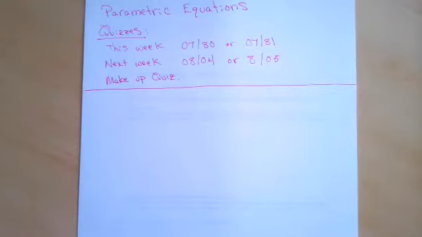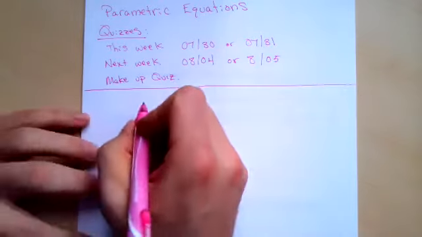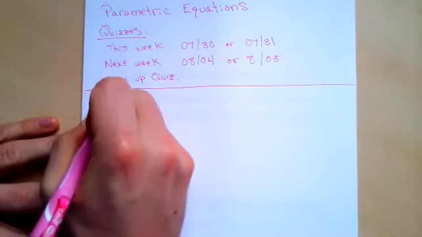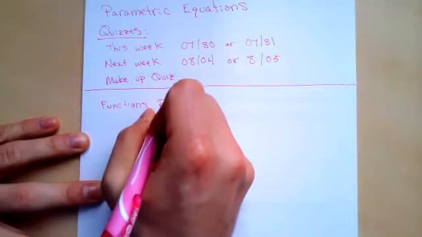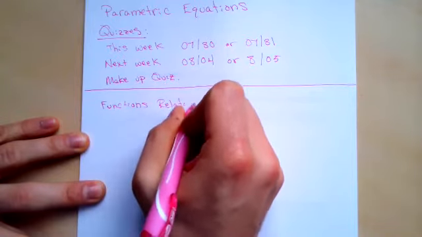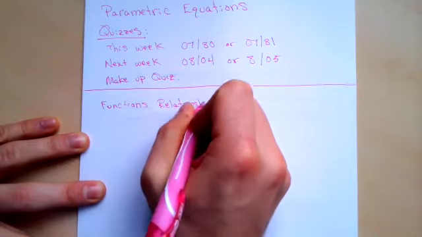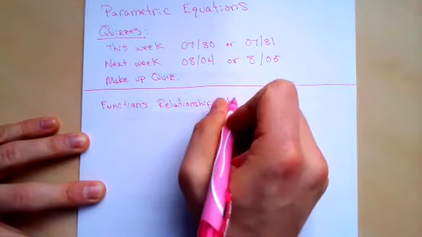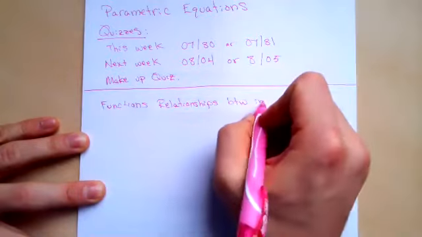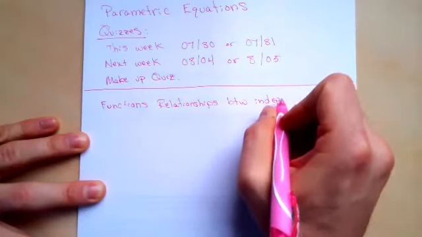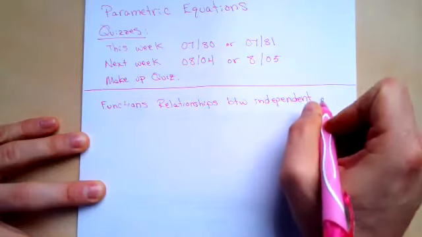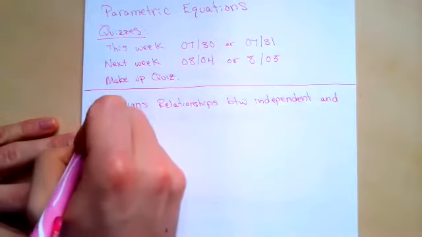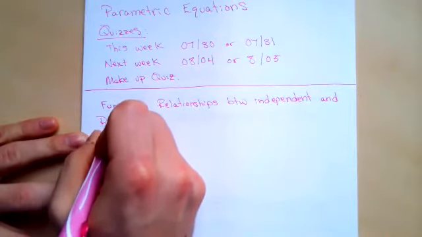And as I was saying before, we have this notion of a function, right? So function, we have relationships between 2 variables. An independent and a dependent.